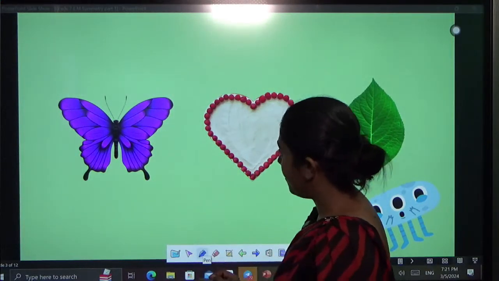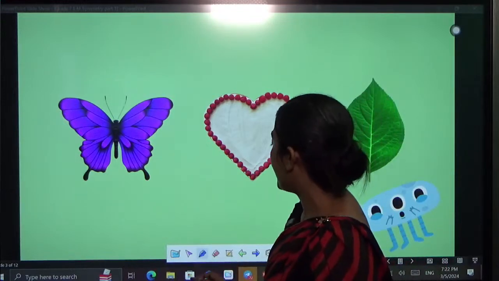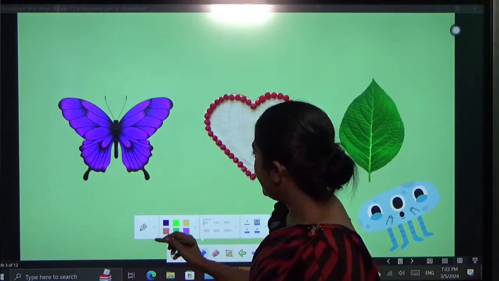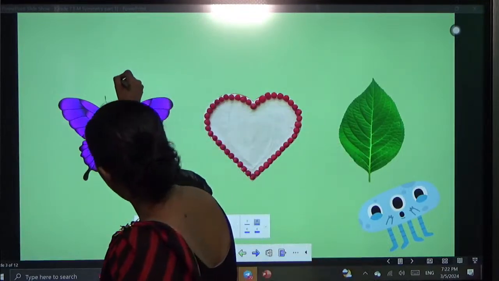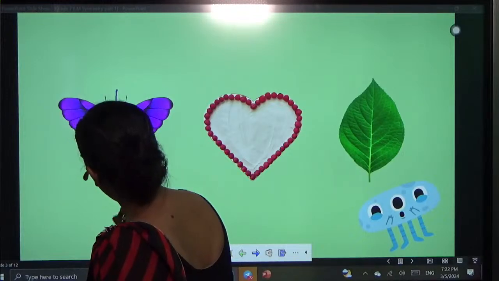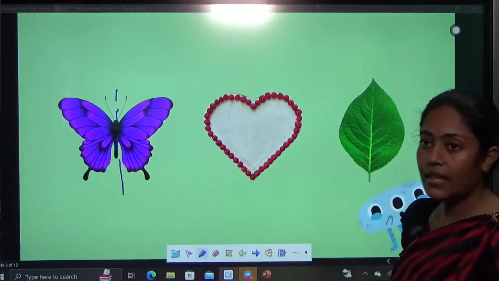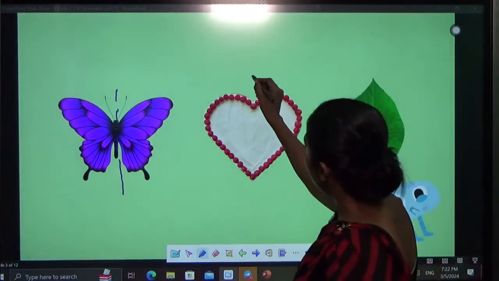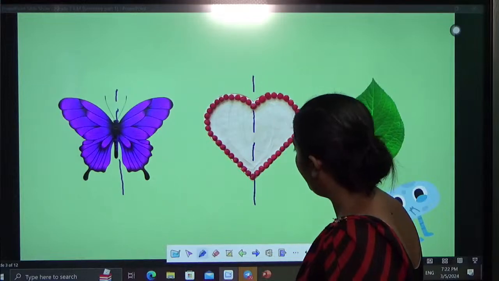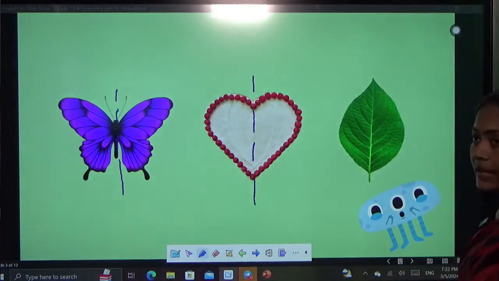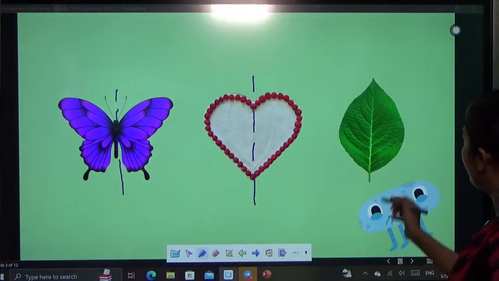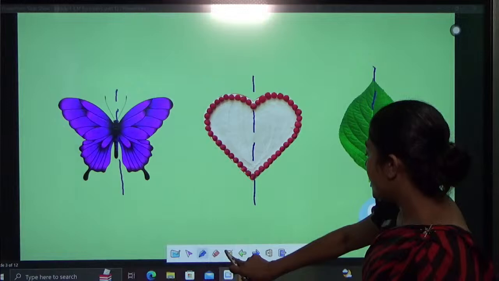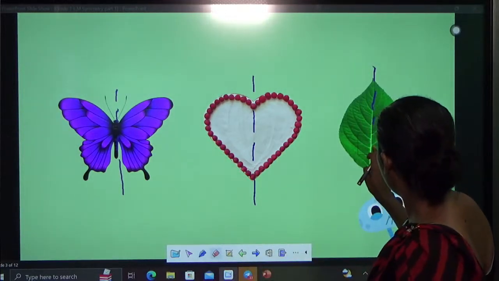First we have a butterfly, so I can separate that one into two equal parts like this, right? Then the cake, that one also we can separate into two equal parts, and also this leaf, again we can separate into two equal parts.